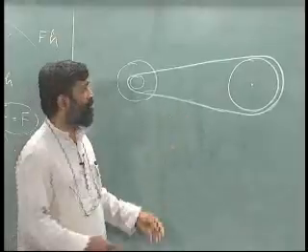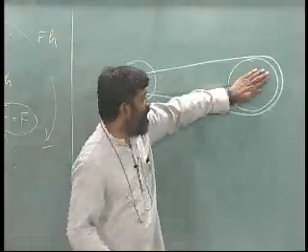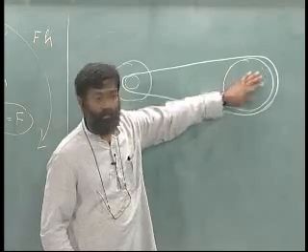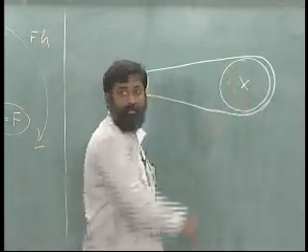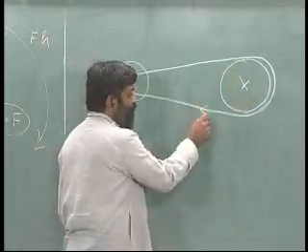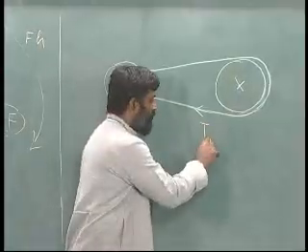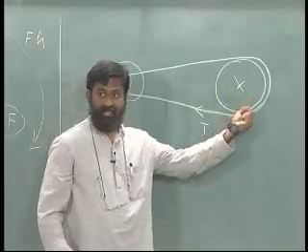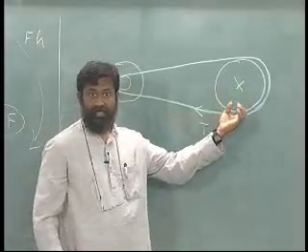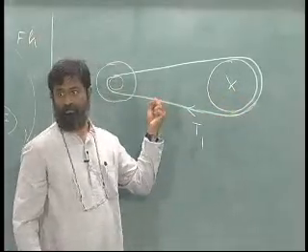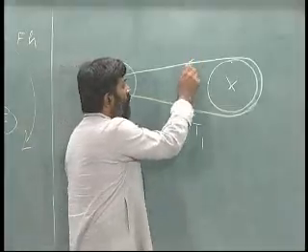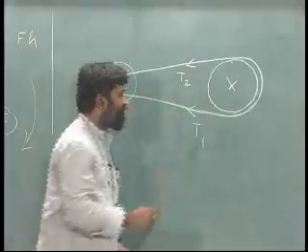The aim is to find out, supposing I fix this, okay, so I fix this and I apply a force over here, tension over here, say T1, let us say it is in motion. What is the tension in this?